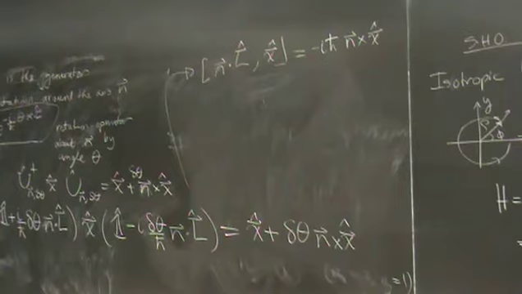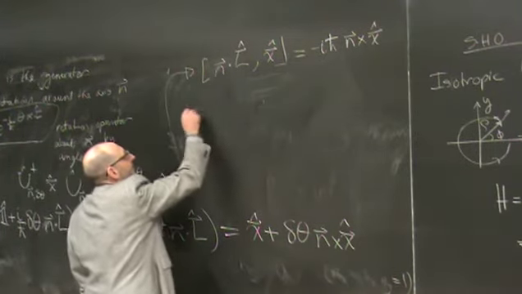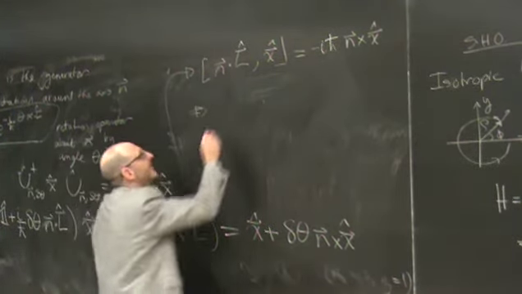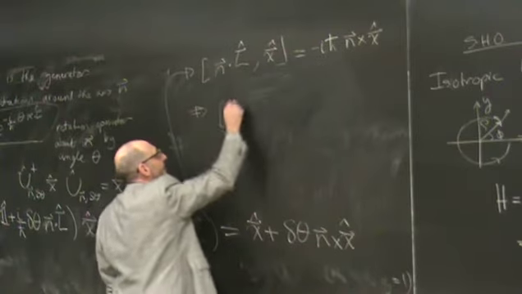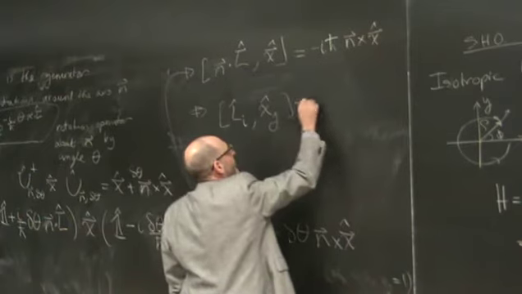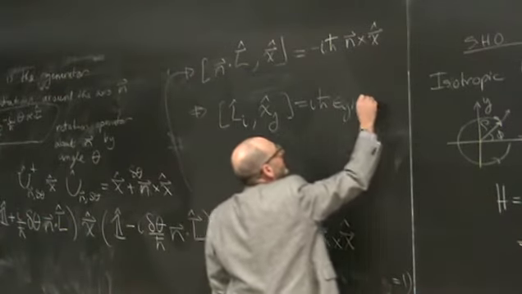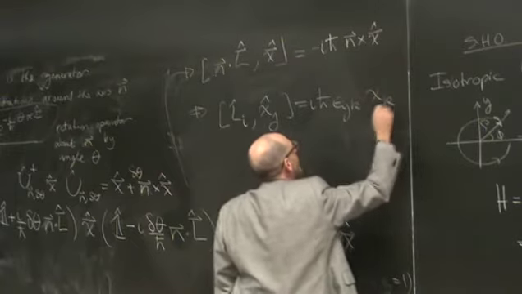Okay, so now that's just combining all those terms, doing the same thing we just did. If I look at this in component form, then it's a little work, but not a lot. You can quickly show that what this says is that L_i with x_j is equal to i h bar epsilon_ijk x_k, sum over k.